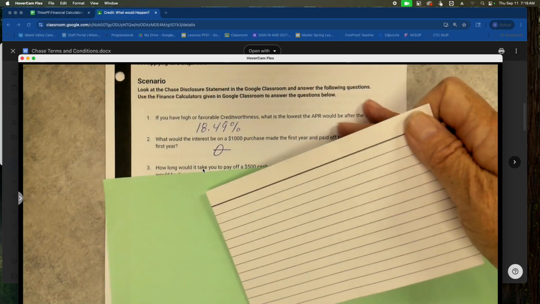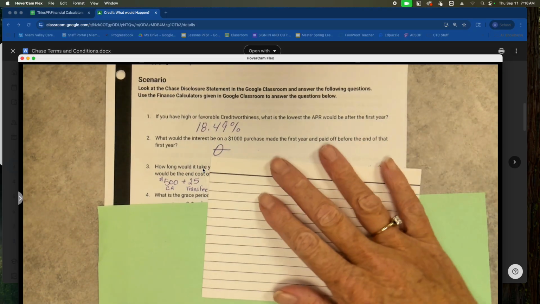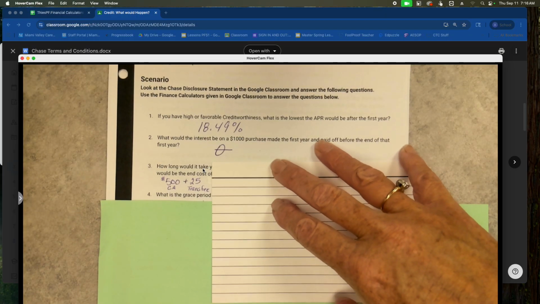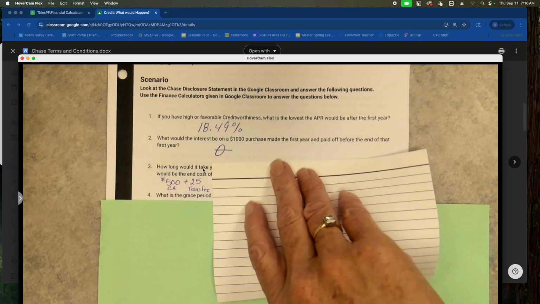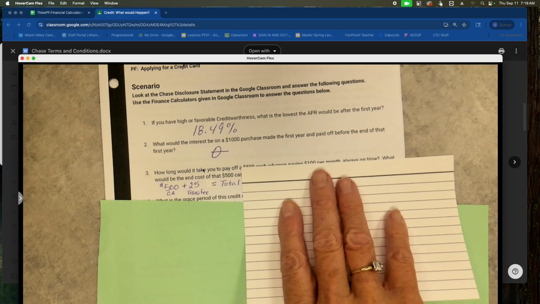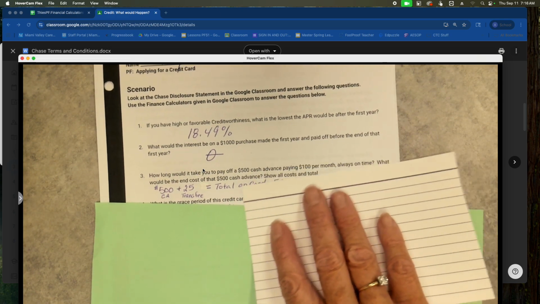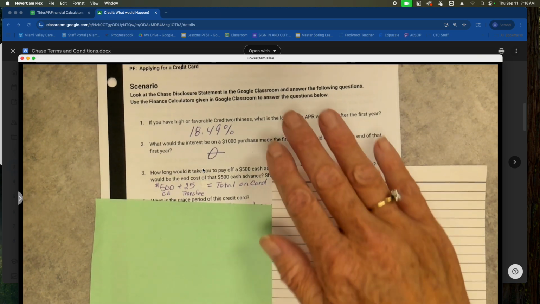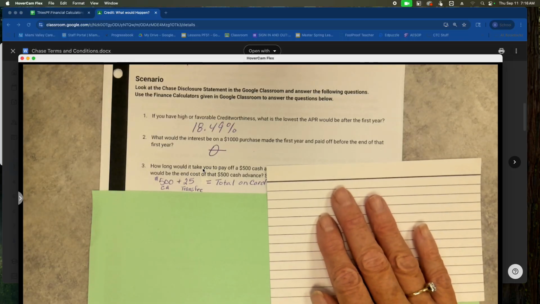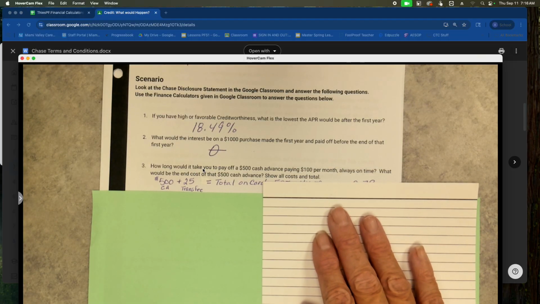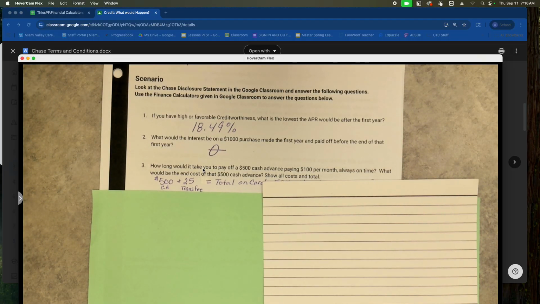So we need to take our $500 cash plus our $25 transaction fee. That is going to give us a total on the card of $525, okay?